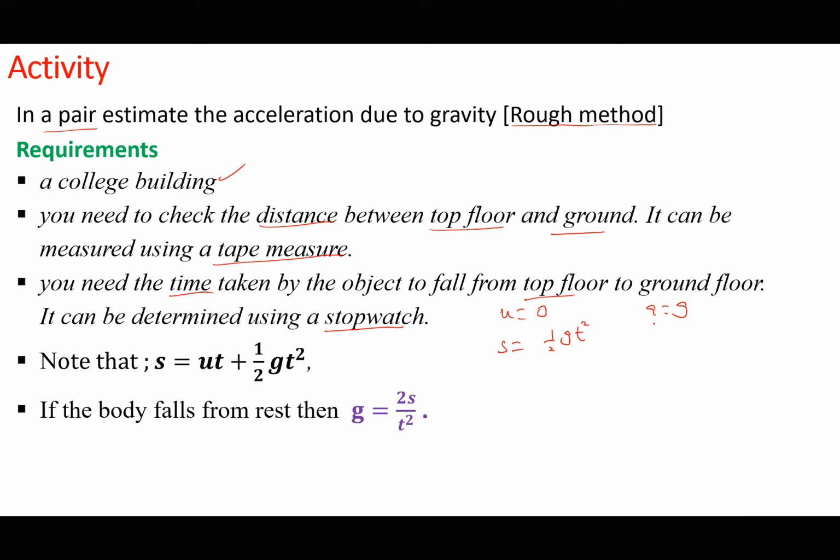So if the body falls from rest, then making g the subject, g is going to be 2s over t². You can repeat this for the same object and get the average value of g, because it is always going to be necessary for us to get an average value for any measurement.